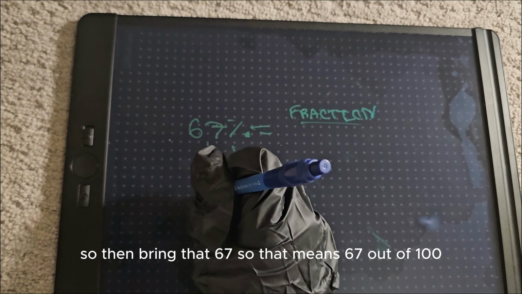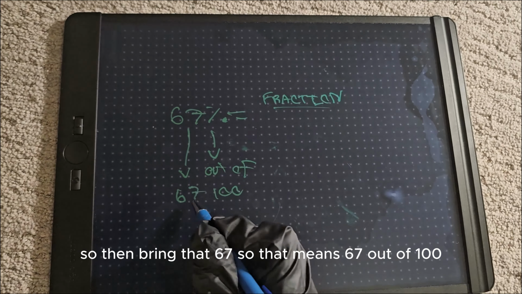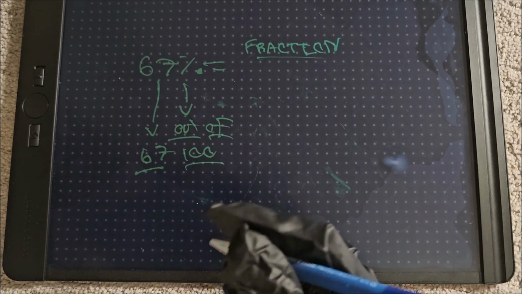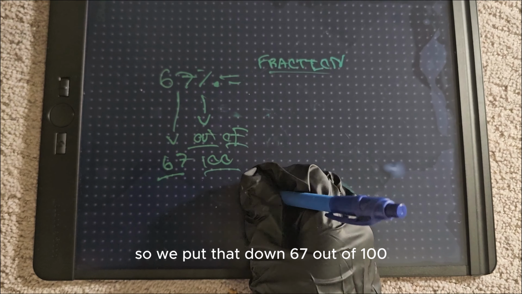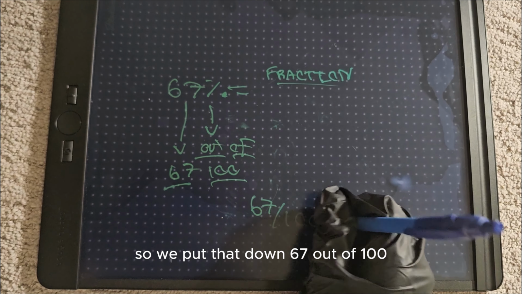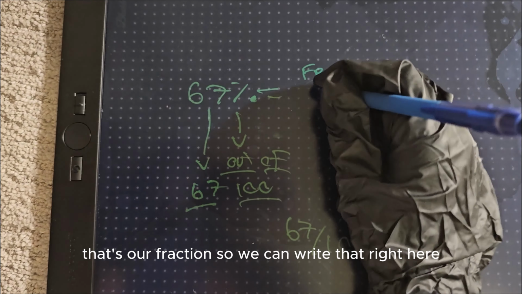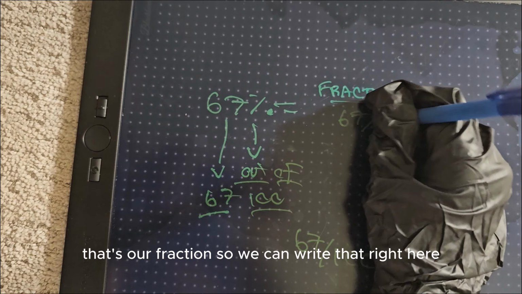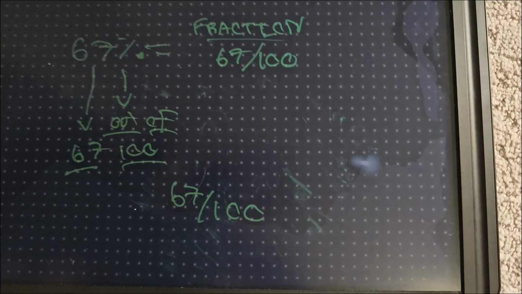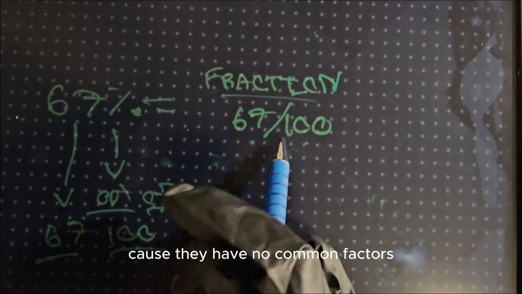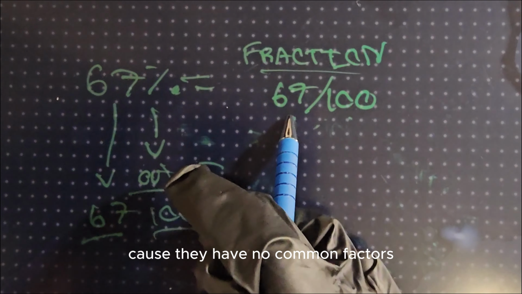So we bring that 67, so that reads 67 out of 100. There you go. That's our fraction. So we can write that right here. As you can see, there's no reducing needed because they have no common factors.